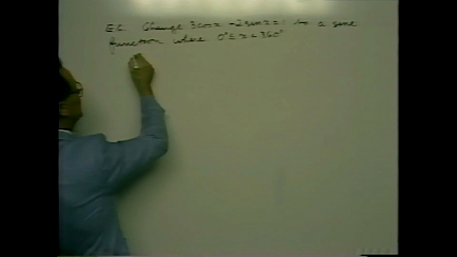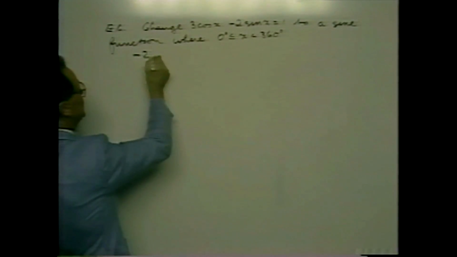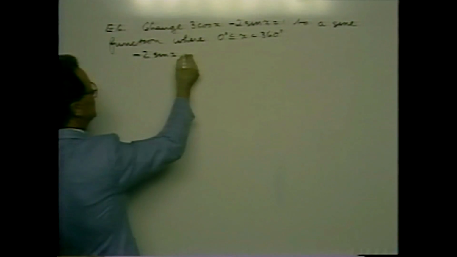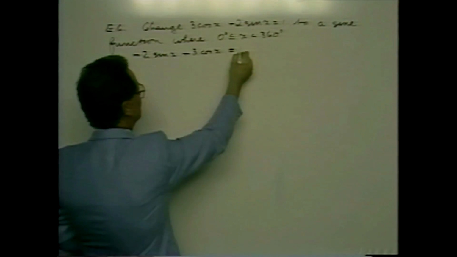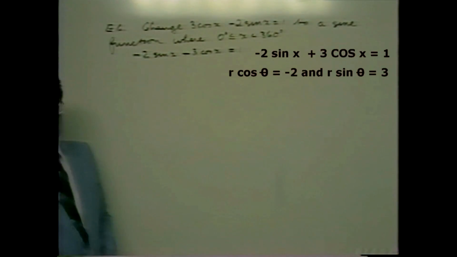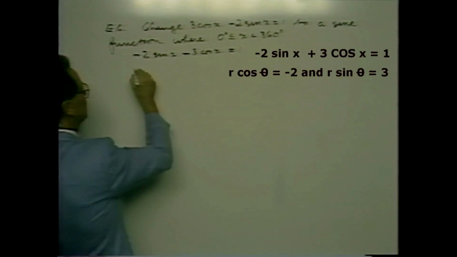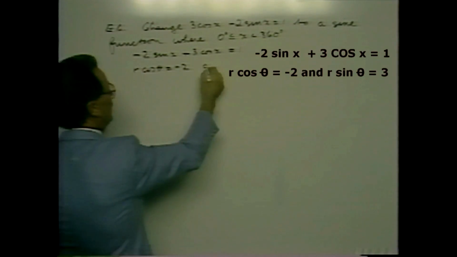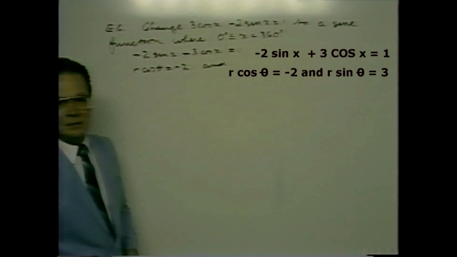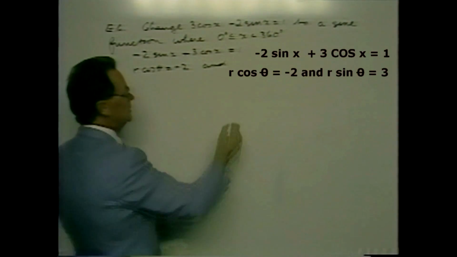Therefore, this is equivalent to minus 2 sine x plus 3 cos x equals 1. It is clear then that r cos theta must be minus 2 and that r sine theta is equal to 3.